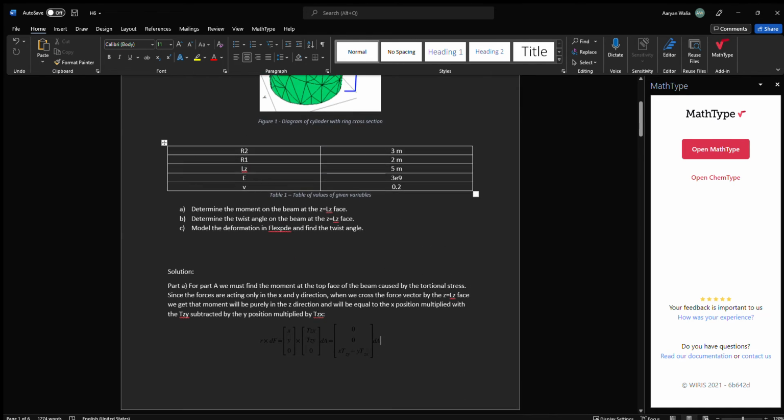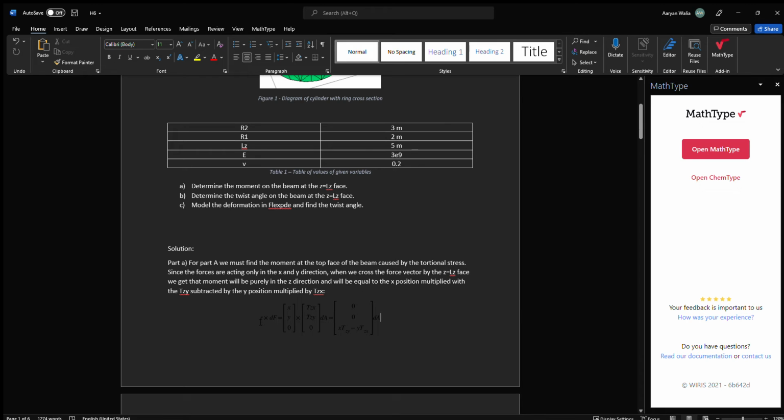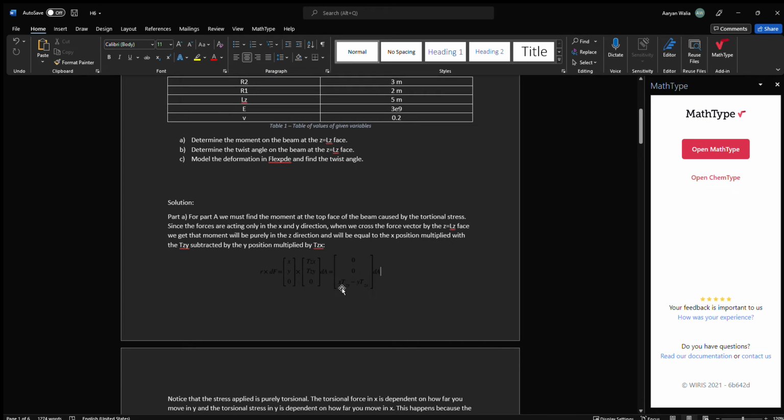To find the differential moment, we are going to cross the position vector r with the differential force, which is just going to be the stress times the differential area. And so what we find is that the differential moment is purely in the z direction, and it's going to be equal to this value here.